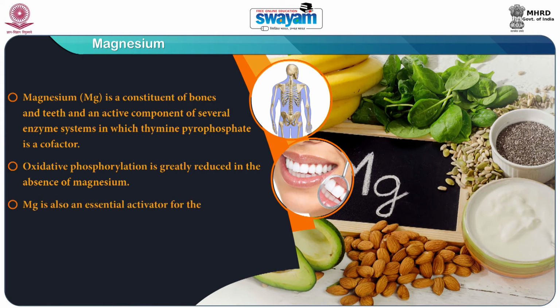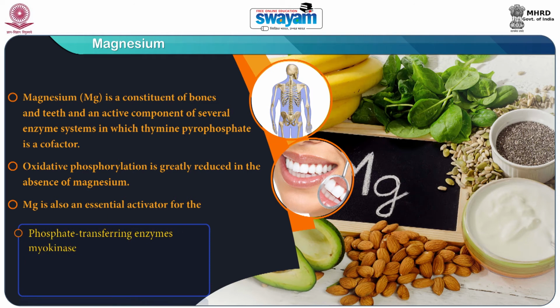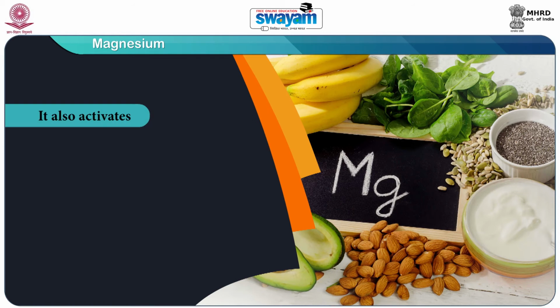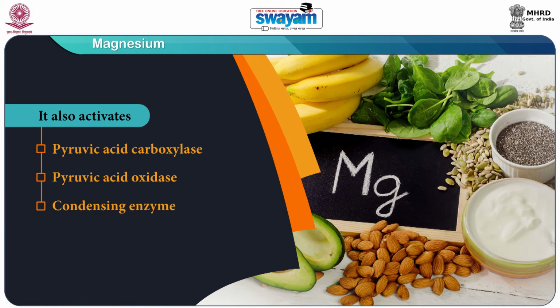Magnesium is also an essential activator for phosphate transferring enzymes myokinase, diphosphopyridine nucleotide kinase and creatine kinase. It also activates pyruvic acid carboxylase, pyruvic acid oxidase and the condensing enzymes for the reactions in the citric acid cycle. This physiological role of magnesium reflects that it plays several important functions in the body.